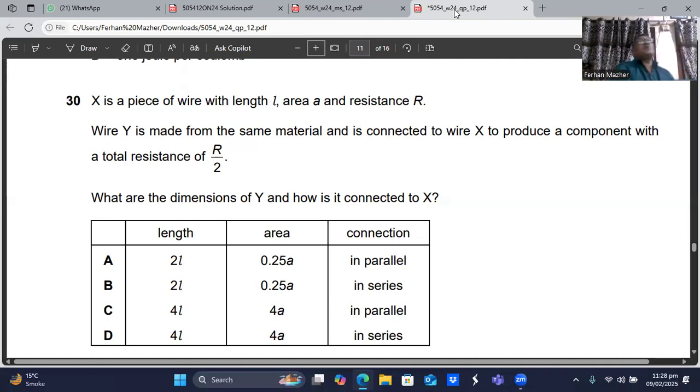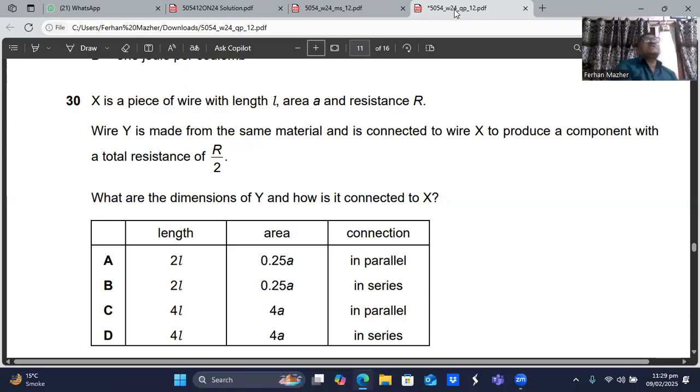For example, if the first wire has length L and the second wire has length 4L, then its cross-sectional area should also be 4A to get the same resistance.